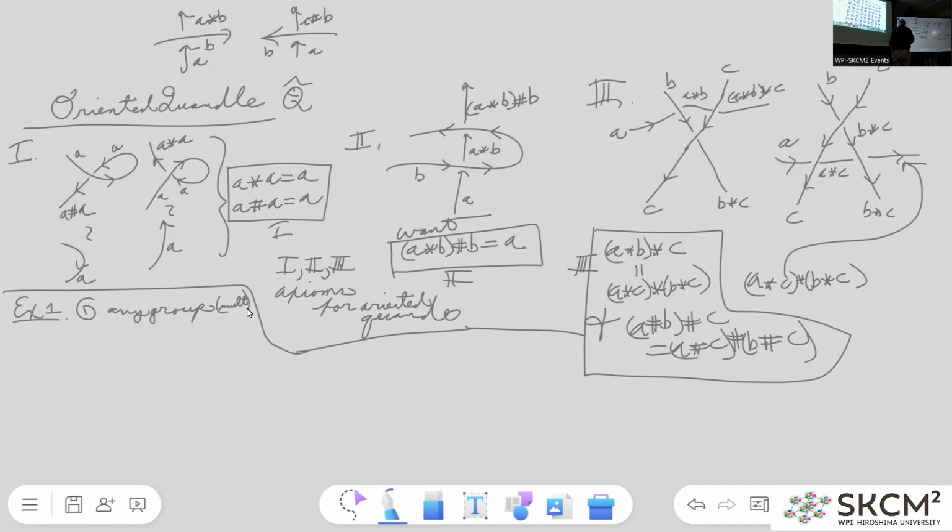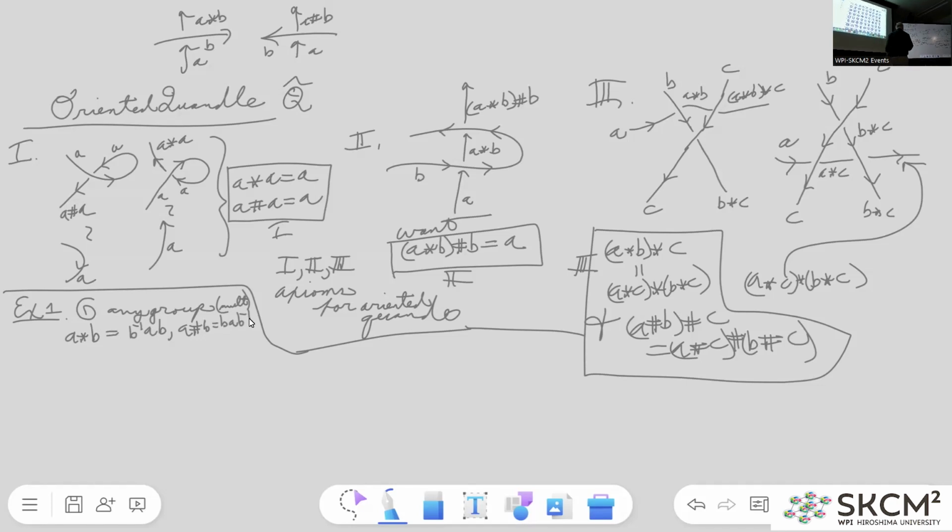And I'm going to define A star B equal to B inverse AB, and A sharp B equal to B A B inverse, conjugation. Well, this actually is an algebra related to conjugation in a group. And these are inverse operations, obviously.